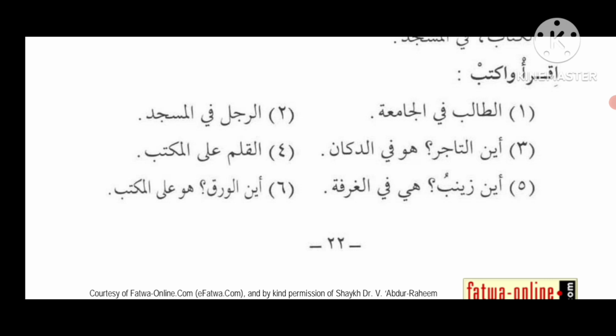Ar-rajulu, the man, fil masjidi, is in the mosque. Aina at-tajiru? Aina, we use it to ask a question about place. Where is the trader? Aina at-tajiru, where is the trader or the businessman? Note, if it is feminine, that is a female, we add a ta marbuta, an enclosed ta.